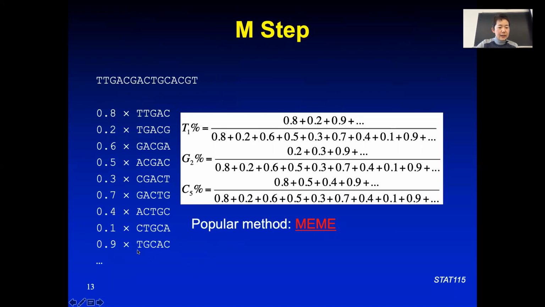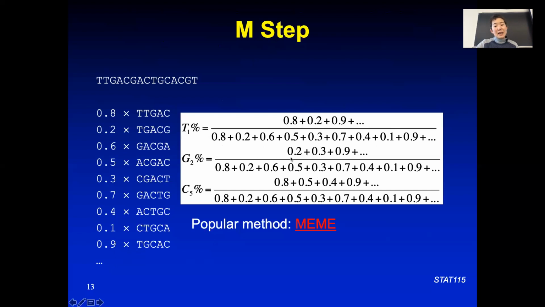Oh, there's another T that got a 0.9, we'll add it here. And so you can imagine you have many T's in here. Every time you see a T, you use the score in front to add to the numerator. But for the denominator, you just add up all the scores. And that will be the new score you give to your probability matrix of having a T in the first position.